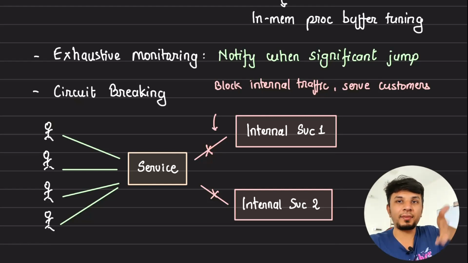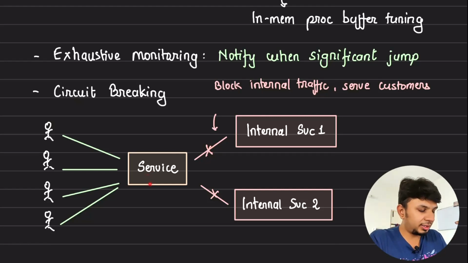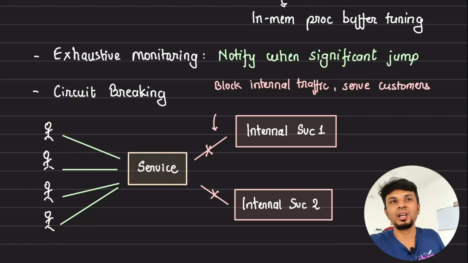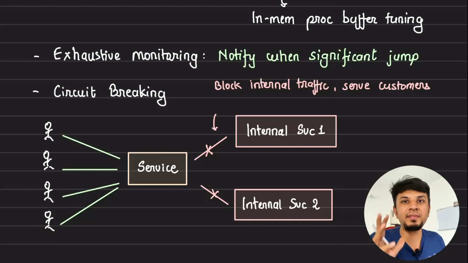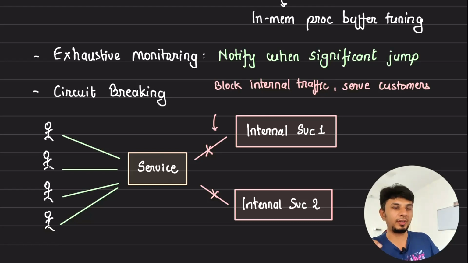If you cut off the traffic from your internal service, the number of requests being made onto the service would drop down drastically, leaving more bandwidth to serve your end user facing requests. So thinking about your customers whenever you are architecting your microservices is an excellent way of doing it.